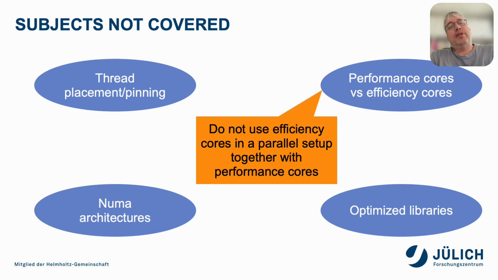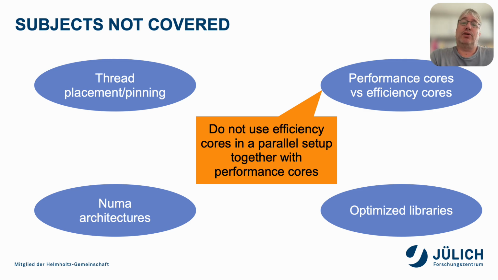There's also sometimes the problem that modern CPUs, especially in laptops and so on, have different cores. So they have what very often is called performance cores and efficiency cores. And in our experience, it's very bad if you use them together in a parallel setup.